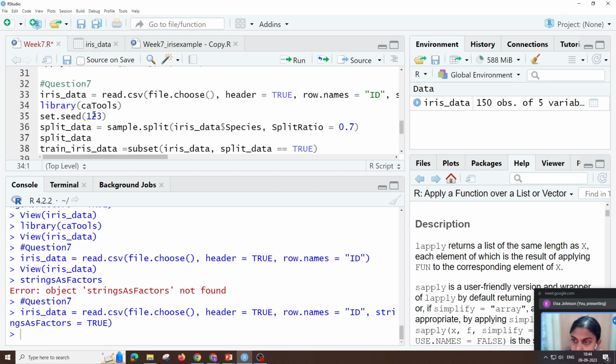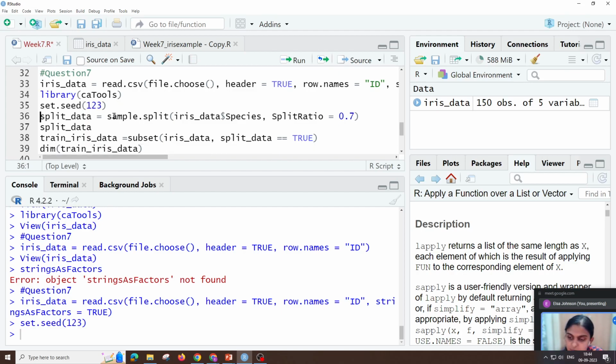The library is already loaded, and anyway I'll set the seed once again as 123. So two steps are over. Now we just have to split the data. I am using sample.split on iris according to the species.